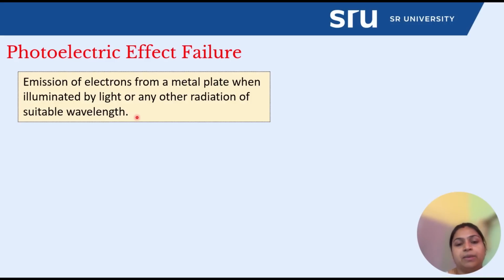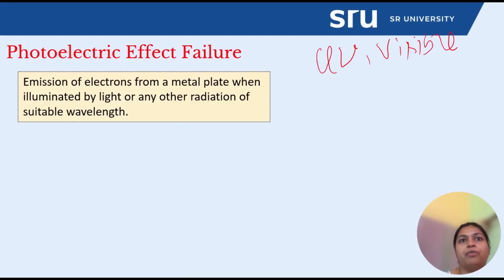These emitted electrons are called photoelectrons, and the phenomenon is observed in UV, visible and also infrared light depending on the material.